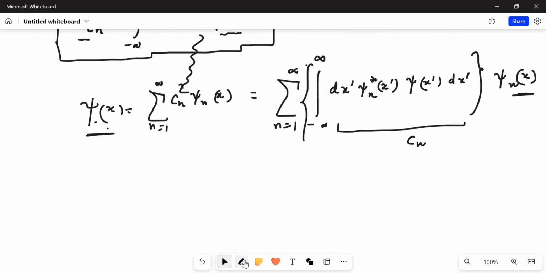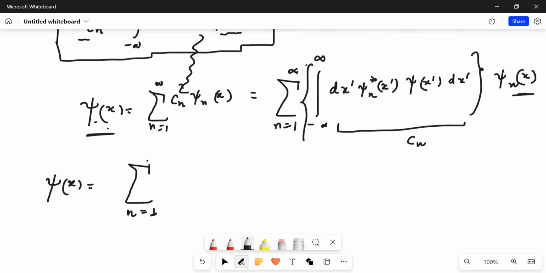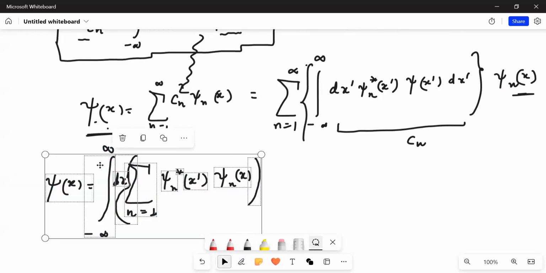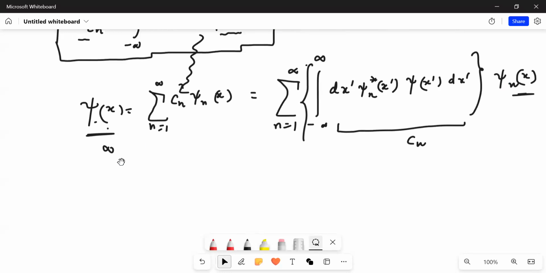Again, what I'm trying to explain is that psi(x) can be written as the summation of Cn psi n(x).